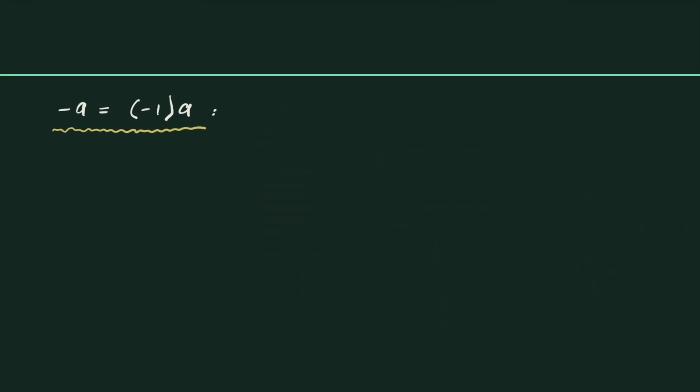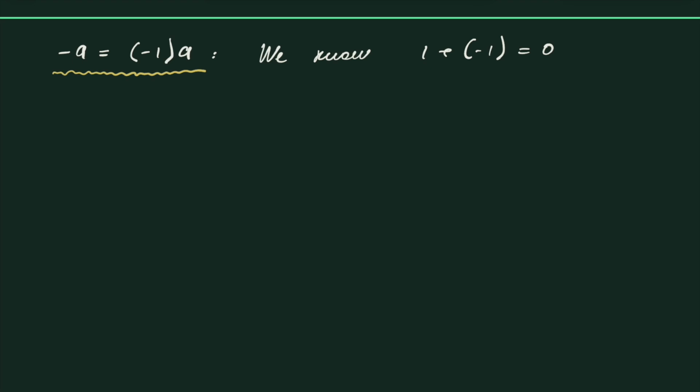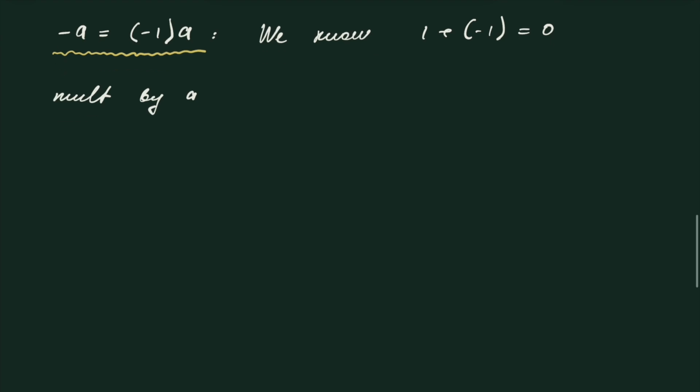Since we know 1 plus minus 1 is equal to 0, we can multiply by A on both sides, right? It's worth mentioning that we multiply on the right by A, since we don't know the commutativity yet.